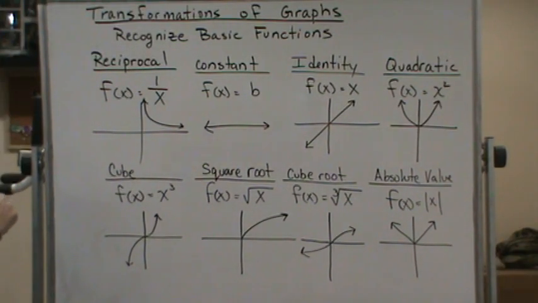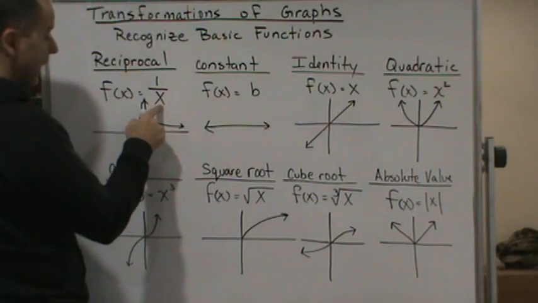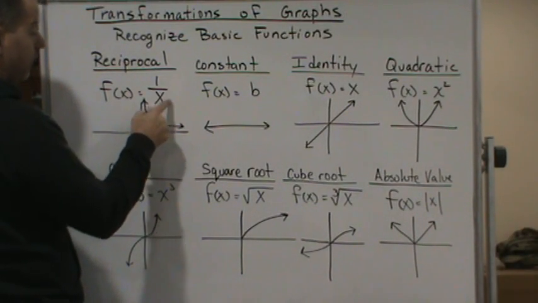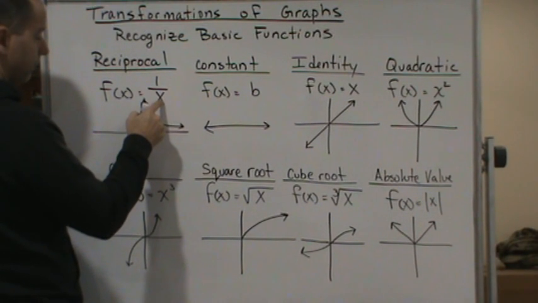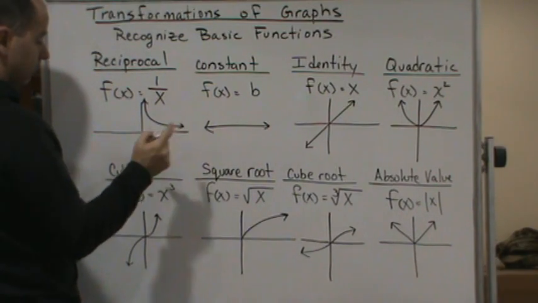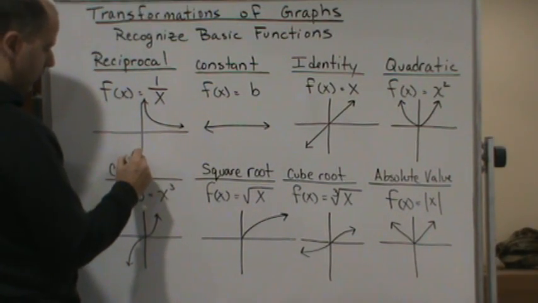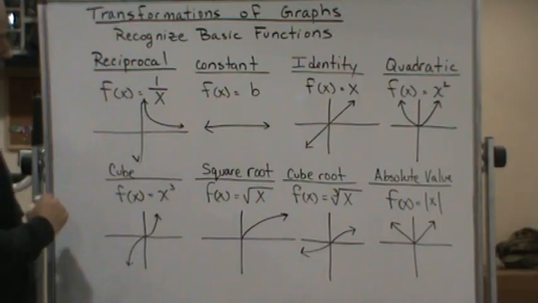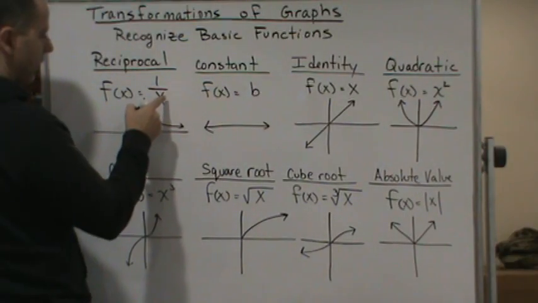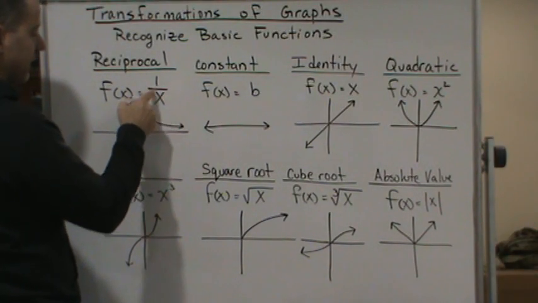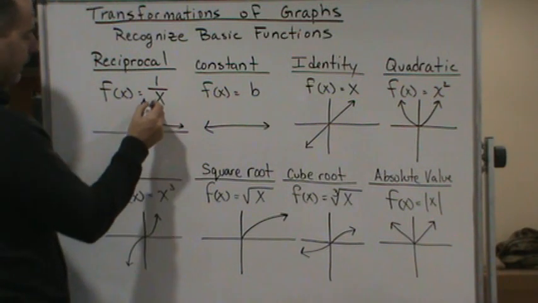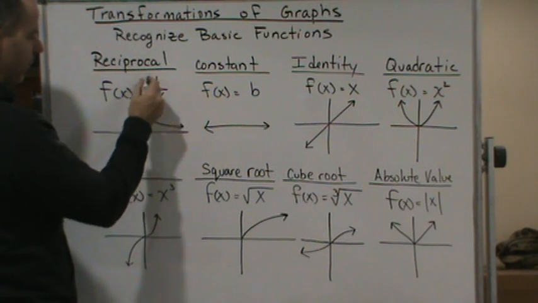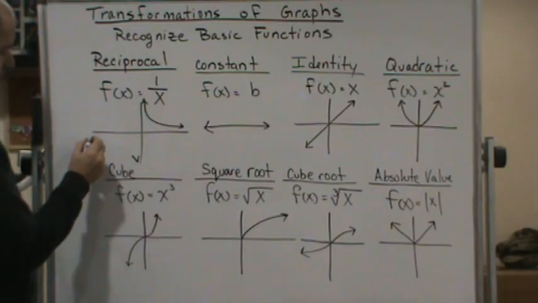Okay? Now, if x is negative and close to 0, this is really, really big, but it's still negative. So as we get closer to 0, it's going downward. As x gets really large negative, so as we go out this way, the function is getting close to 0.